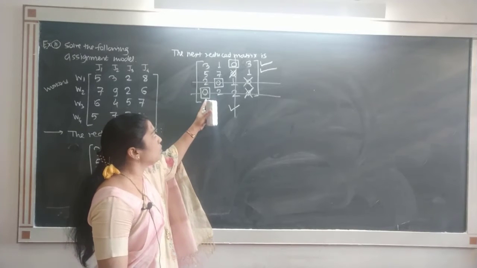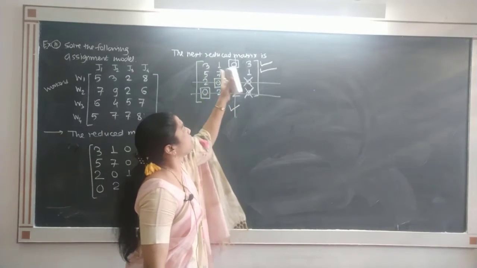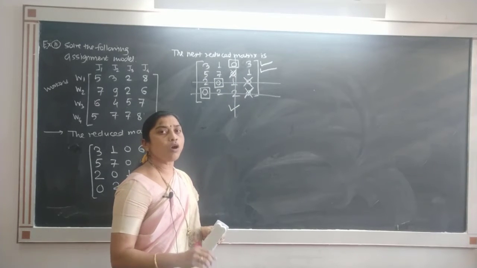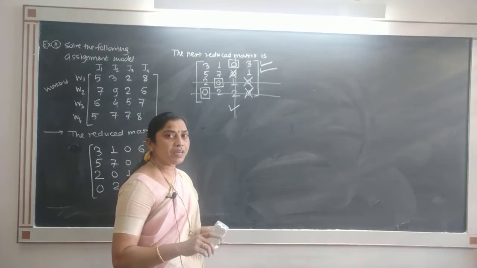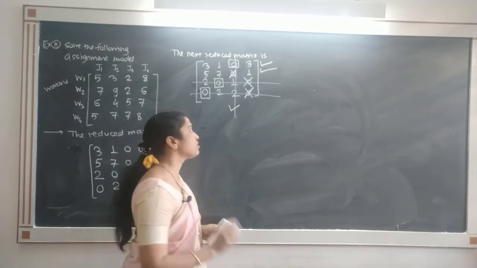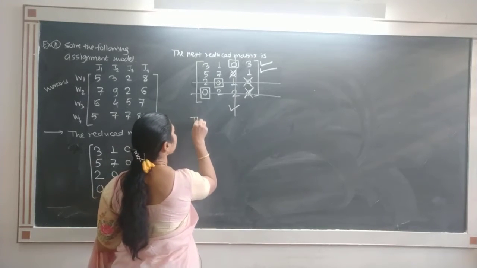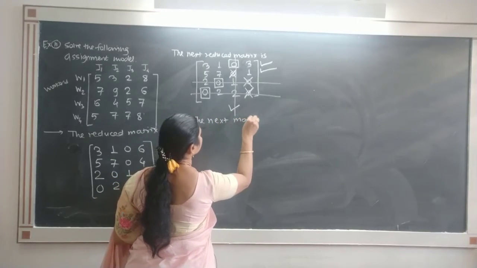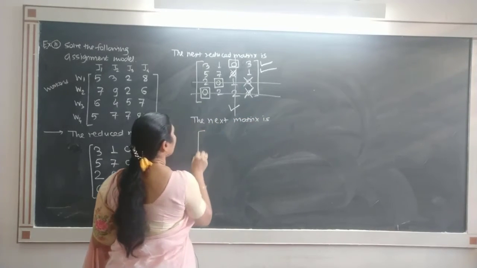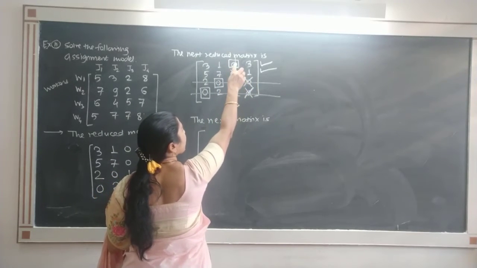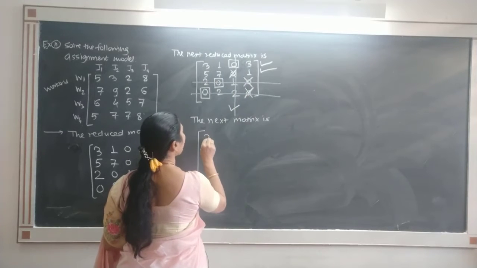Now see the uncovered elements, and from the uncovered elements, select the smallest entry, subtract it from all uncovered elements and add it at the intersection points. So we get the next matrix. We are subtracting 1 from all uncovered elements and adding 1 at the intersection points.